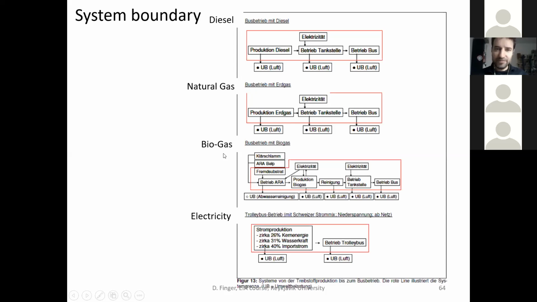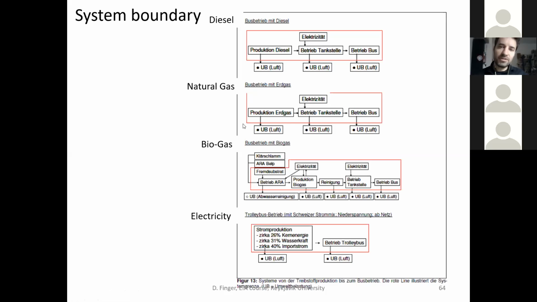And then for the specific case of biogas production, if you produce the methane in a sewage treatment plant based on biomass, then we had to take into account that you have to operate a sewage treatment plant. In this particular case, we argued that the sewage treatment plant is run anyway, because by Swiss legislation, you have to treat all wastewater in a sewage treatment plant before you can release it into the river.